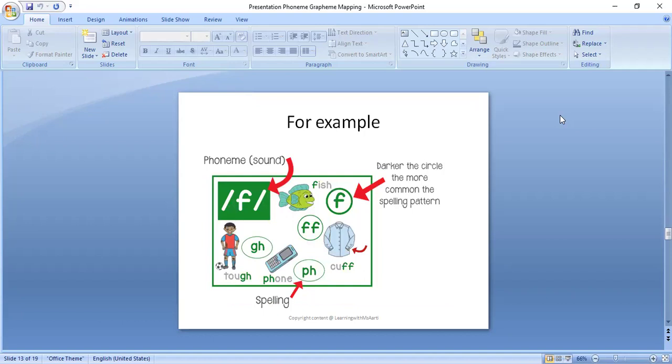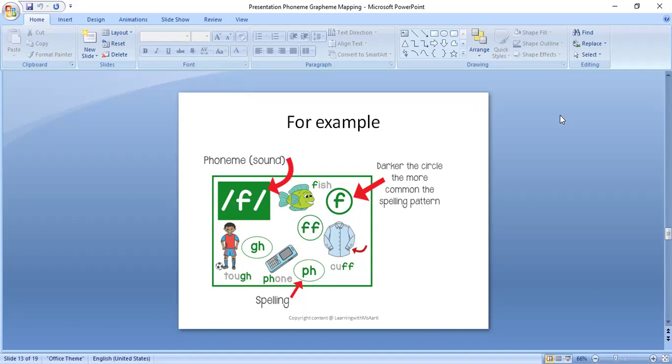For example, phoneme is actually the smallest unit. The darker the circle, the more common the spelling pattern. F, FF, GH, F, PH, like say, right? So we need to understand what a phoneme is.